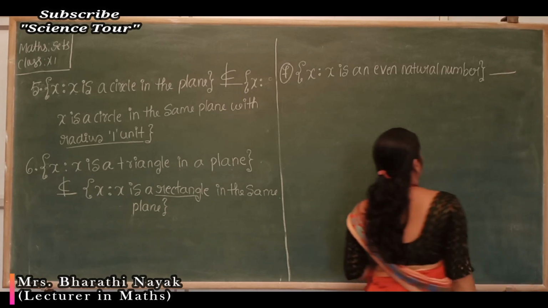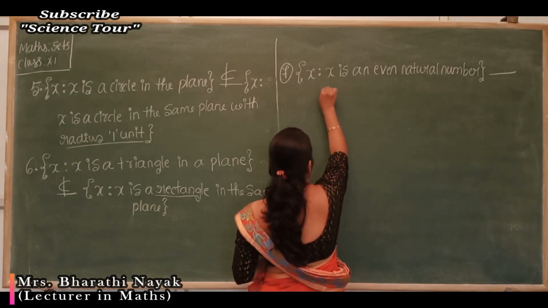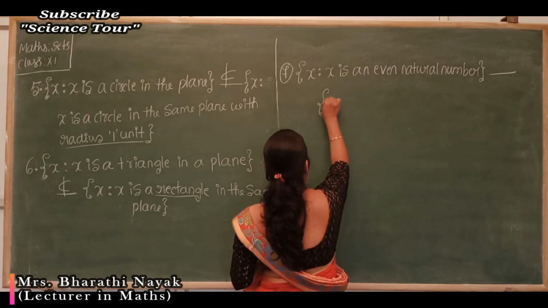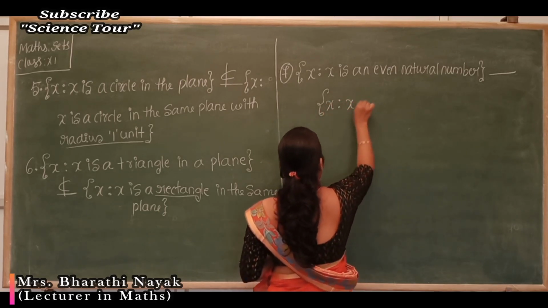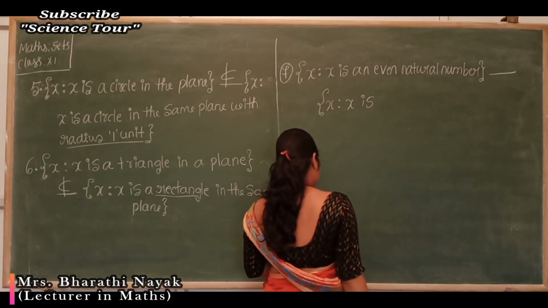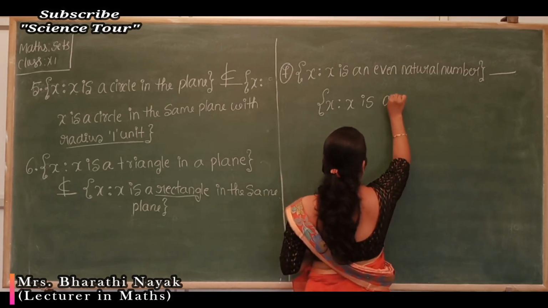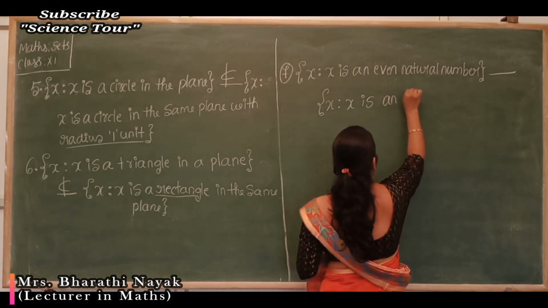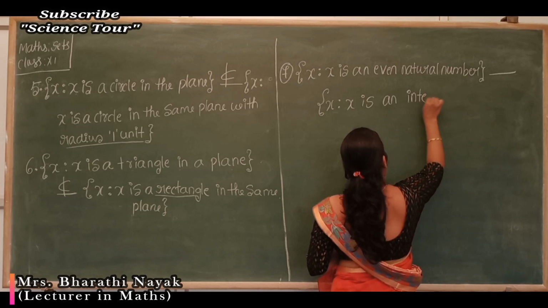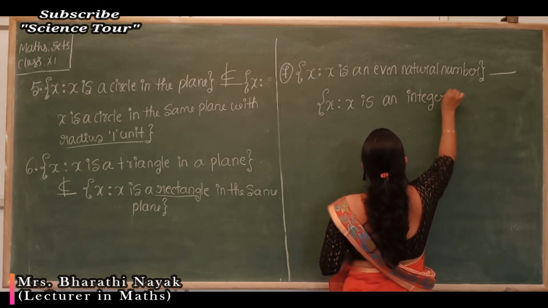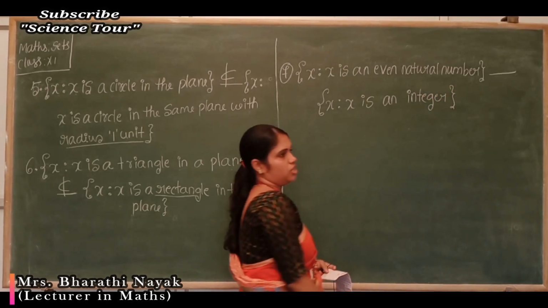What about your second set? Your second set is about the set of all x such that x is an integer. Okay, yes. So now what is the meaning of this?